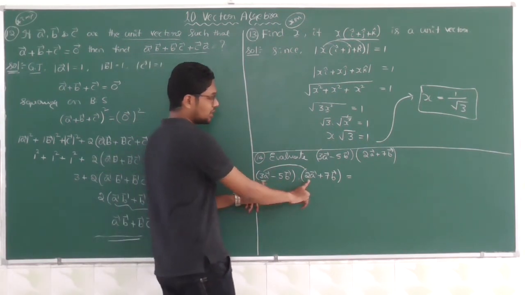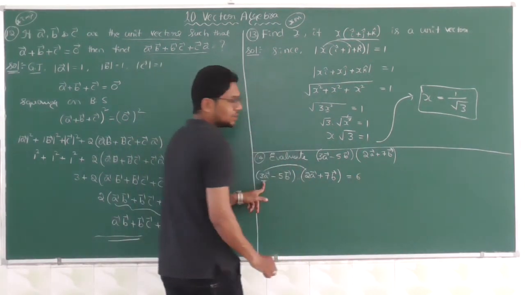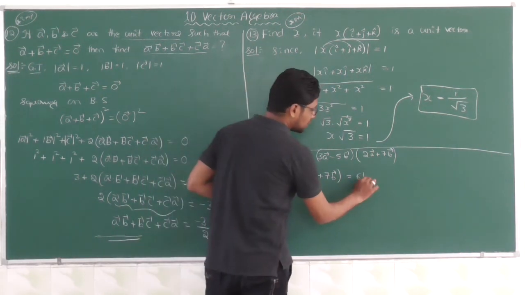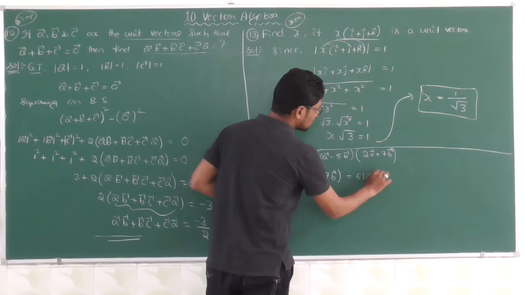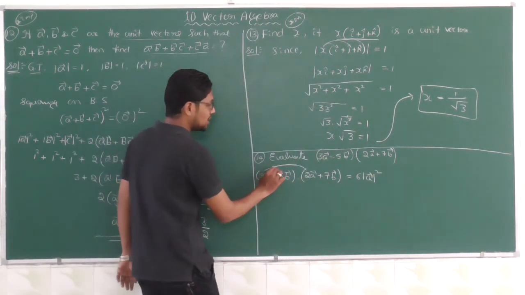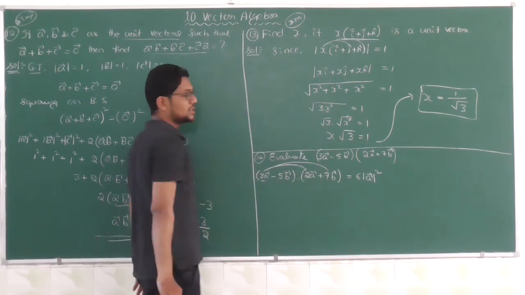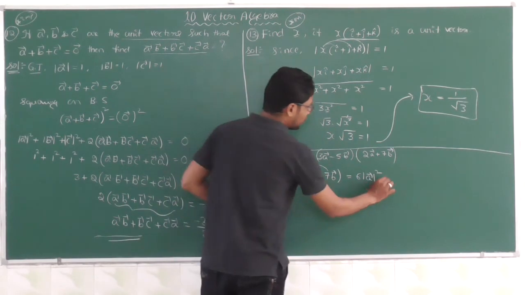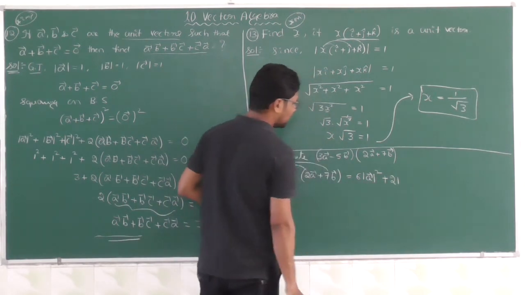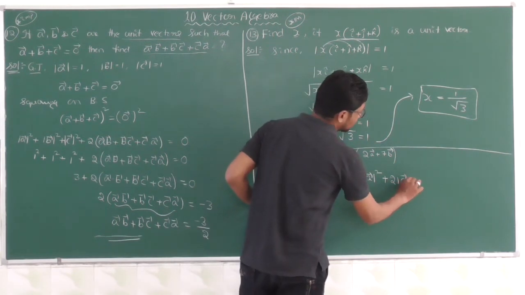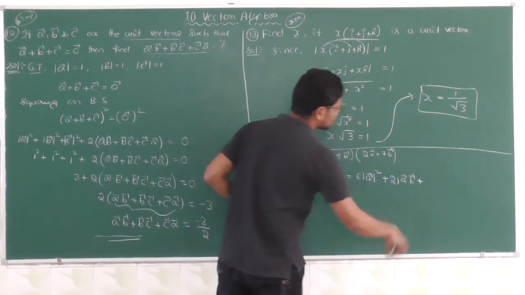3a vector into 2a vector is what? 3 into 2 is 6. A vector dot a vector is the magnitude of a vector square. Next, multiply this 3a vector to 7b vector. Then 3 into 7 is 21, a vector dot b vector, plus.